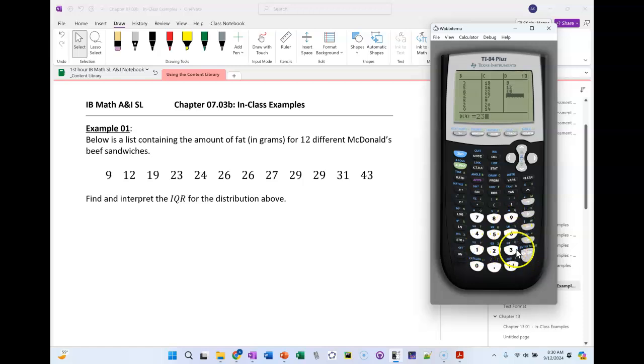What do you notice about the way this data set's arranged? Yeah, it's already sorted for us, which if you're going to do this by hand would be quite helpful, right? It's a hassle having to resort a data set. I can show you how the calculator can do that later, but for this stuff, it doesn't really matter.